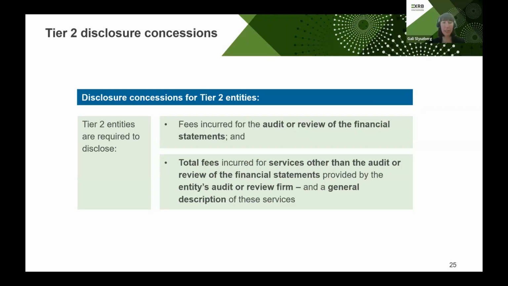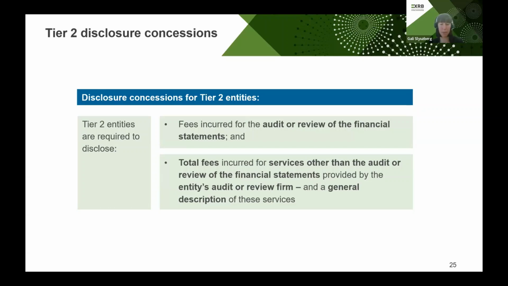Tier 2 entities need to disclose the fees incurred during the period for the audit or review of the financial statements, and the total fees for services other than the audit or review of the financial statements that have been provided by the audit or review firm, with a general description of these non-audit services. So in other words, tier 2 entities are not required to break down the fees for non-audit services provided by the audit firm into those 4 specified non-audit categories that I just mentioned.